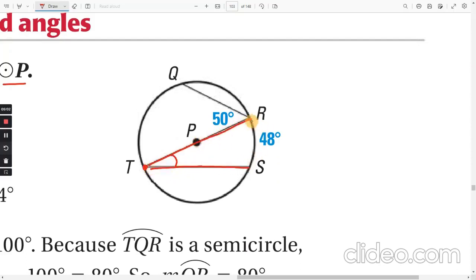The arc that's intercepted goes from point R to point S. So the inscribed angle, the measure of angle T, equals 1/2 of the intercepted arc, the measure of RS.